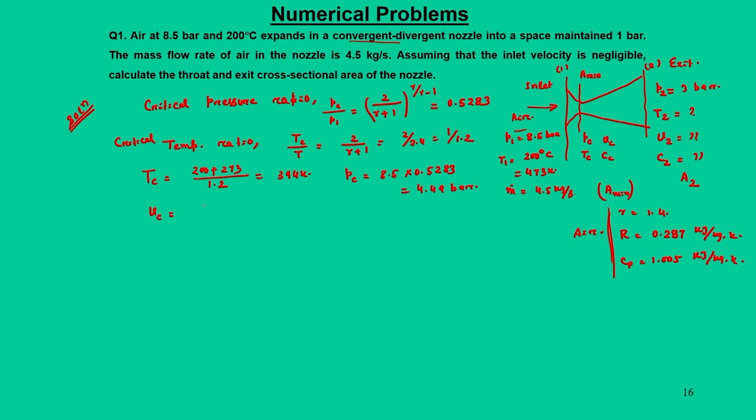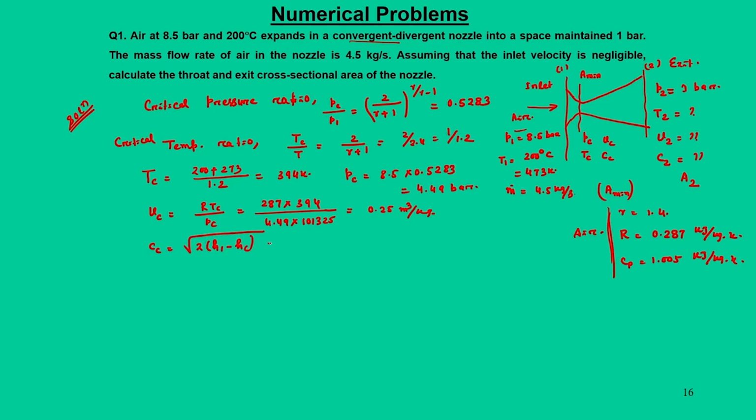Then from Pc and Tc we can find the specific volume, that is R Tc by Pc. R is 287, Tc is 394, Pc is 4.49 into 101,325, converted to Newton per meter square. So, this number we get 0.25 meter cube per kg. And Cc is equal to the square root of twice times (H1 minus Hc).